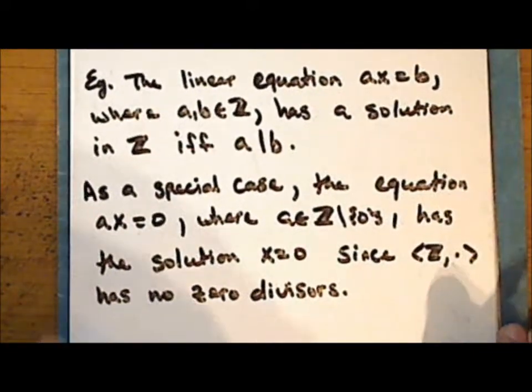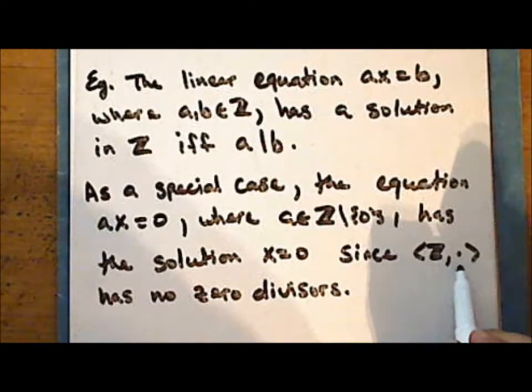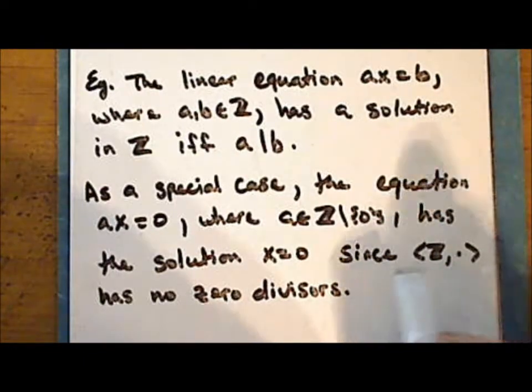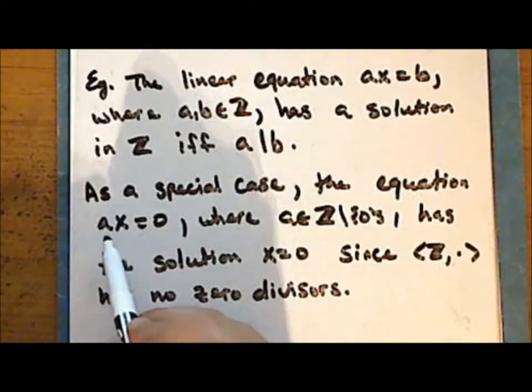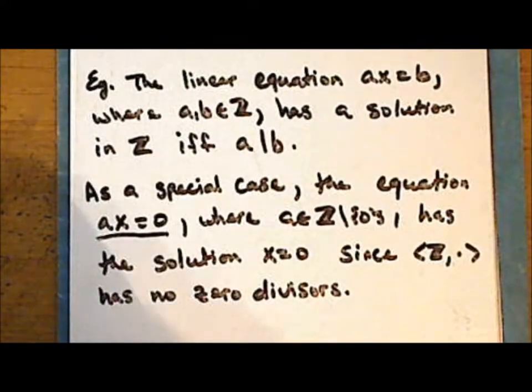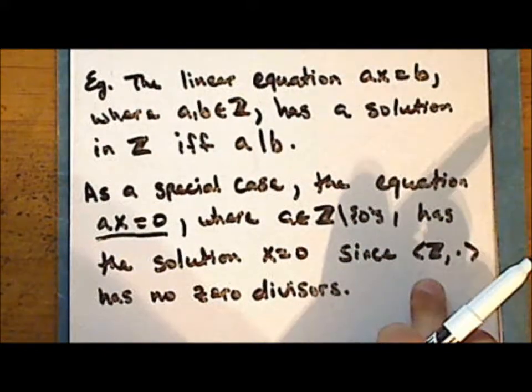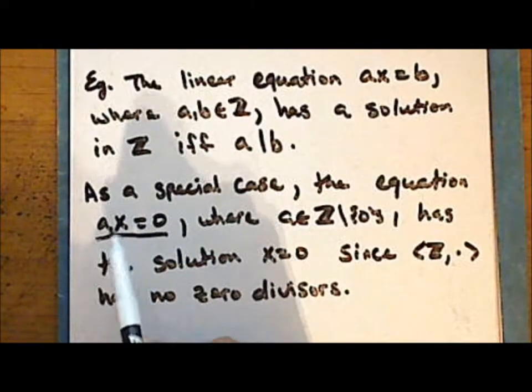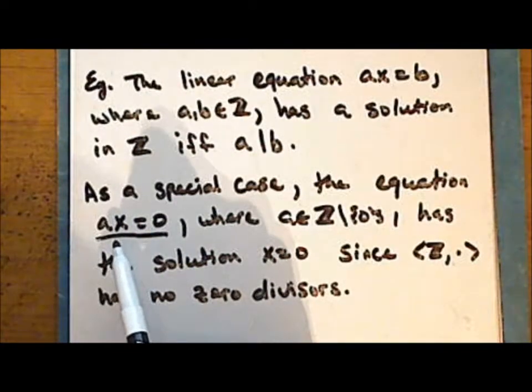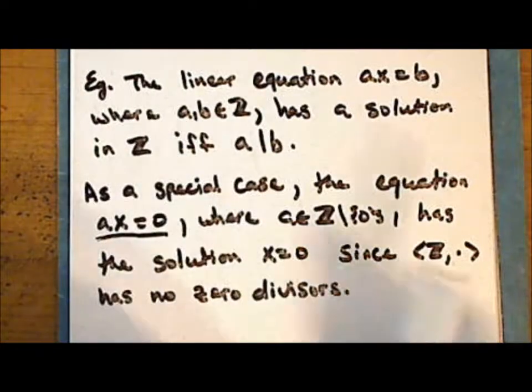But recall that in order to prove that the integers under multiplication has no zero divisors, we had to solve the equation ax equals 0, not in the set of integers, but we had to allow for the indeterminate x to be in the set of rational numbers.